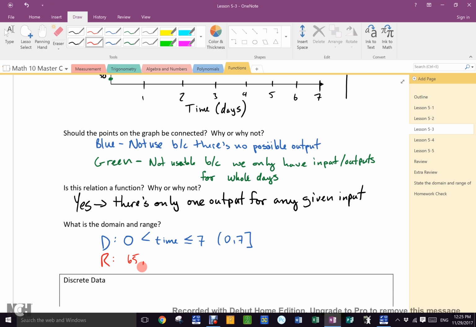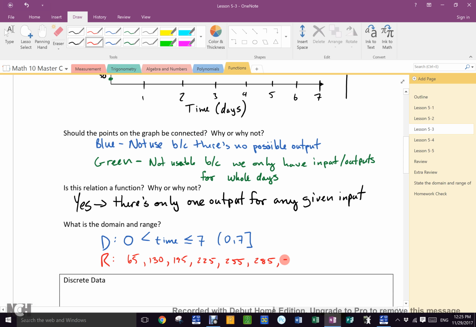No. Why can I not put that? Because the next value is not anything between 65 and 130. What is it? 130. What's the next value? 195. What's the next value? 225. Next value.